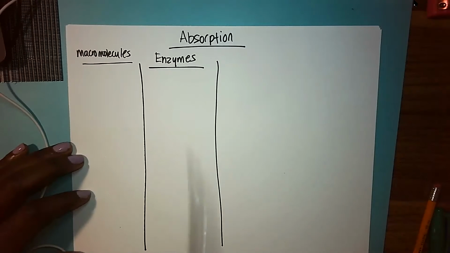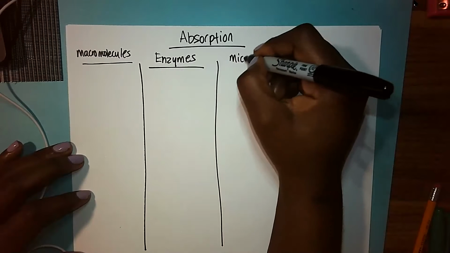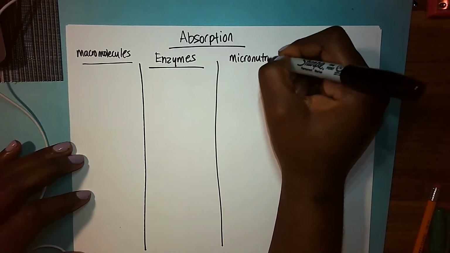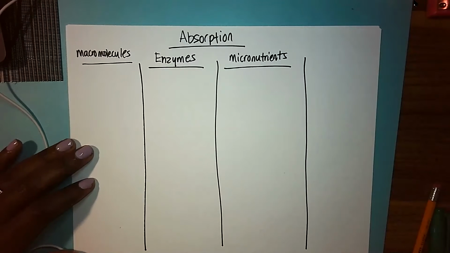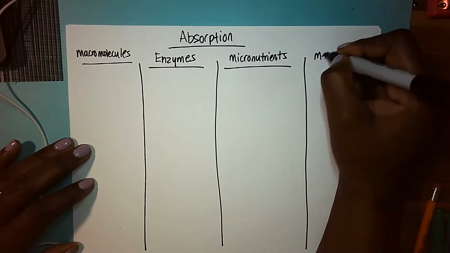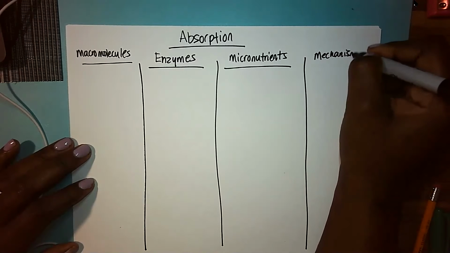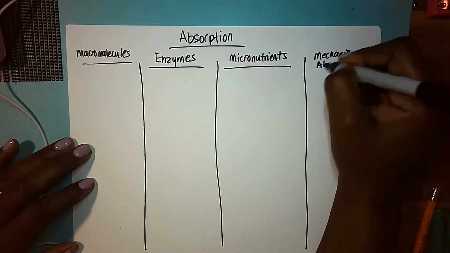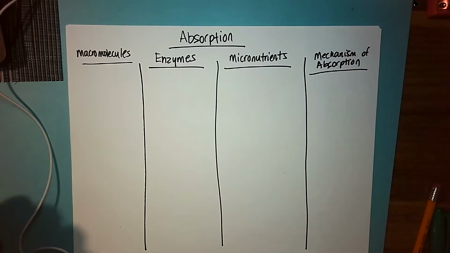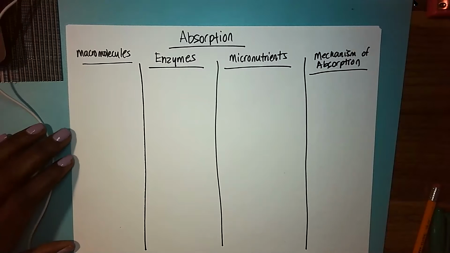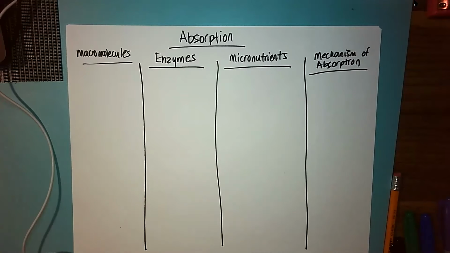We'll talk about the micronutrients that they're broken down into. And then finally, the mechanism by which they're absorbed. Okay, so we've got carbs first.